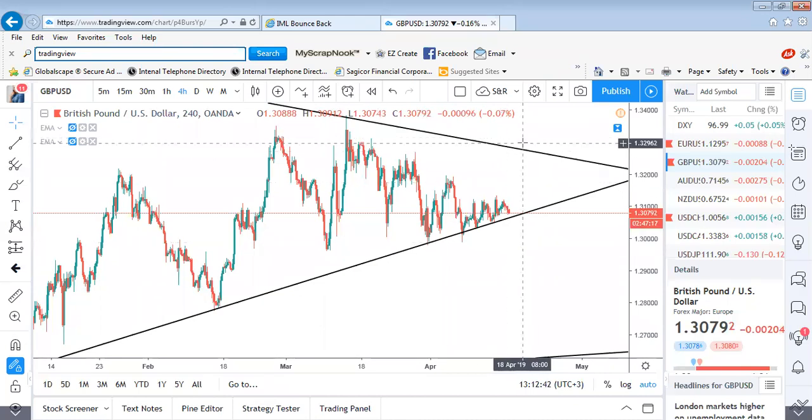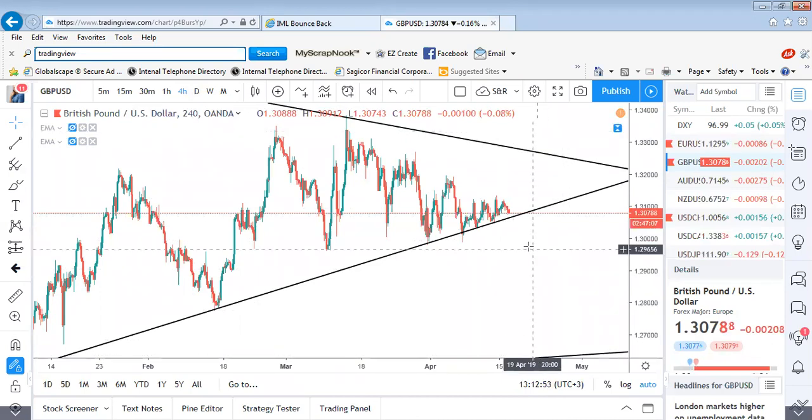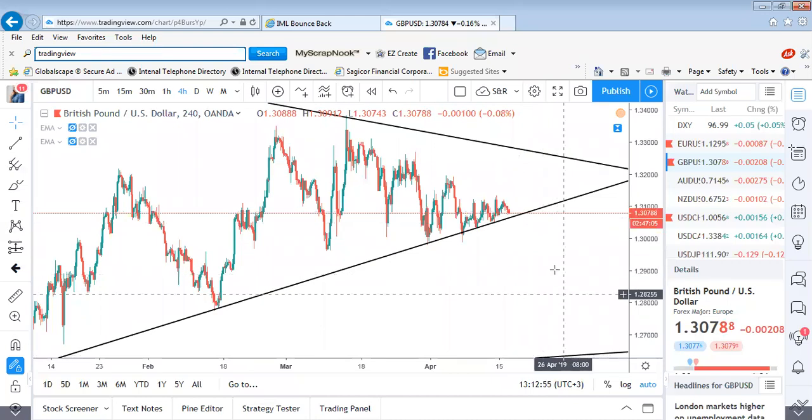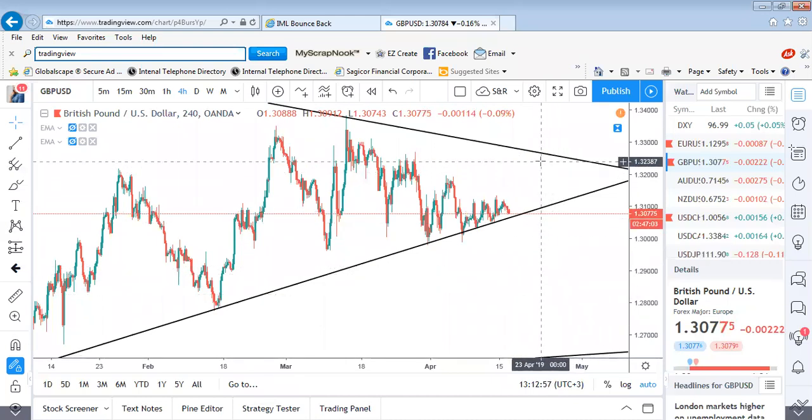Therefore, if it breaks any of these two based on the H4 time frame, then we know we're going to look for it to either go down to our daily trend line or below to show the continuation of the downtrend, or break above to go to our daily trend line above as well.